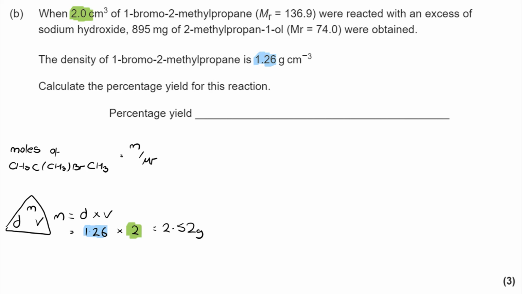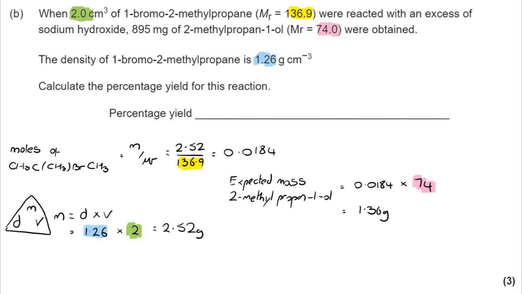Now from there, I can put that figure in with the MR value provided and I get 0.0184 moles. Now, if that's how many moles of the haloalkane I've started with, that's how many moles of the alcohol I would expect to end up with. And I've been given the MR for it, so I would expect a mass of 1.36 grams.